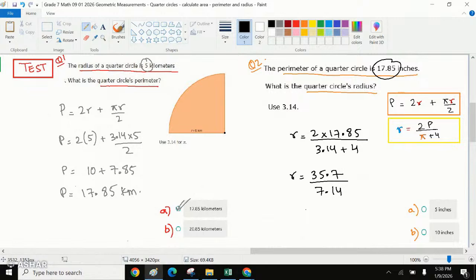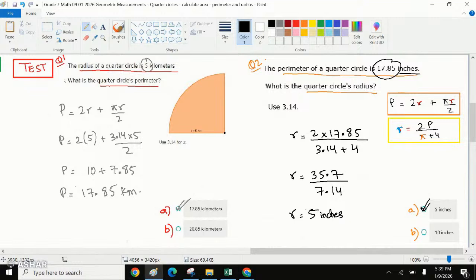Michael, can you confirm? Please redo. Yes. Thank you, Prem. Michael, I think you did a typing error, right? So this comes out to be 5, and this was inches, so we write 5 inches. And that is option number A, because 35.7 divided by 7.14 is always 5.